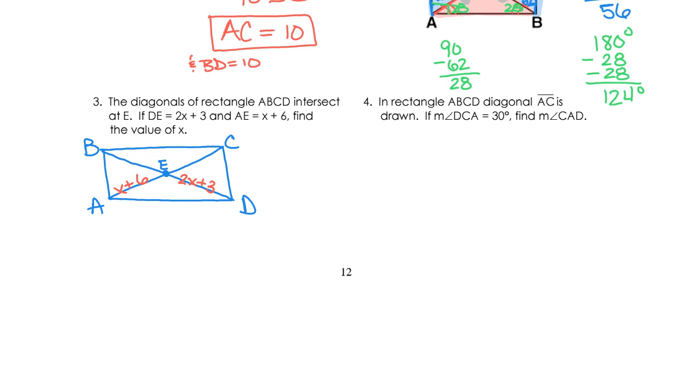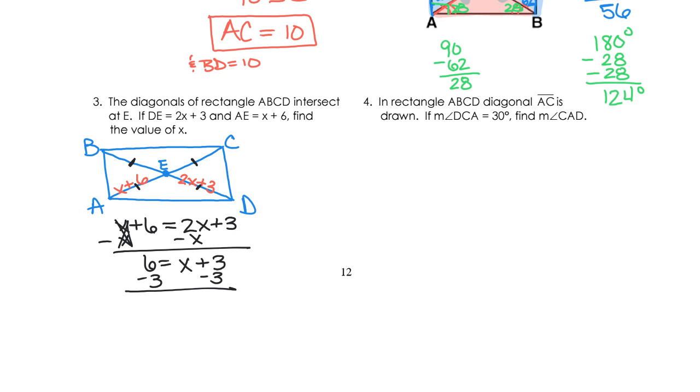All right, so this kind of goes hand in hand with what we were talking about before. In a rectangle, all 4 pieces of the diagonal are equal. And so that means x plus 6 has to equal 2x plus 3. We'll go ahead and subtract x. We end up with 6 equals x plus 3. Go ahead and subtract 3. And we end up with 3 equals x. And we found the value of x they were looking for.